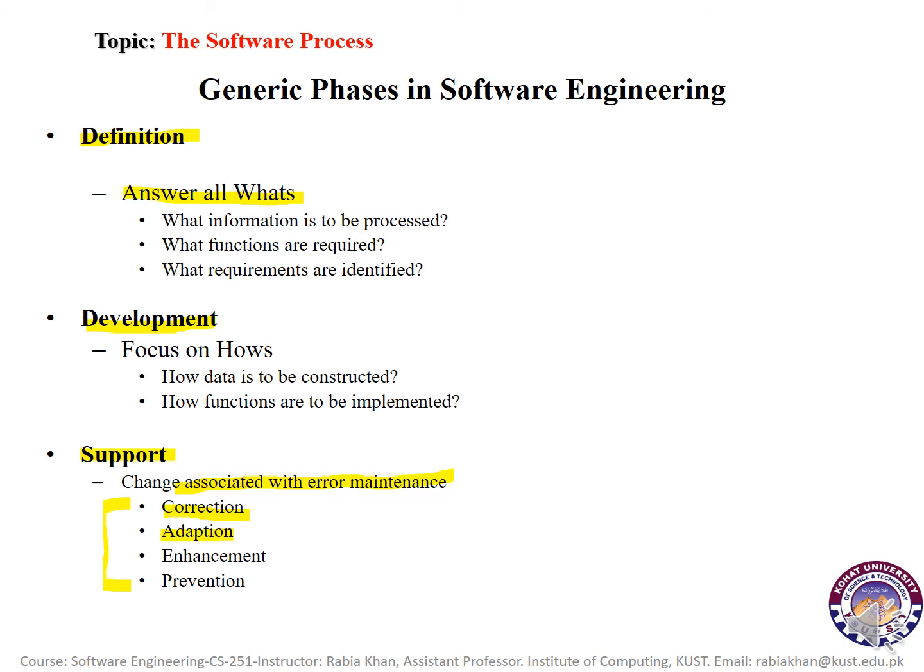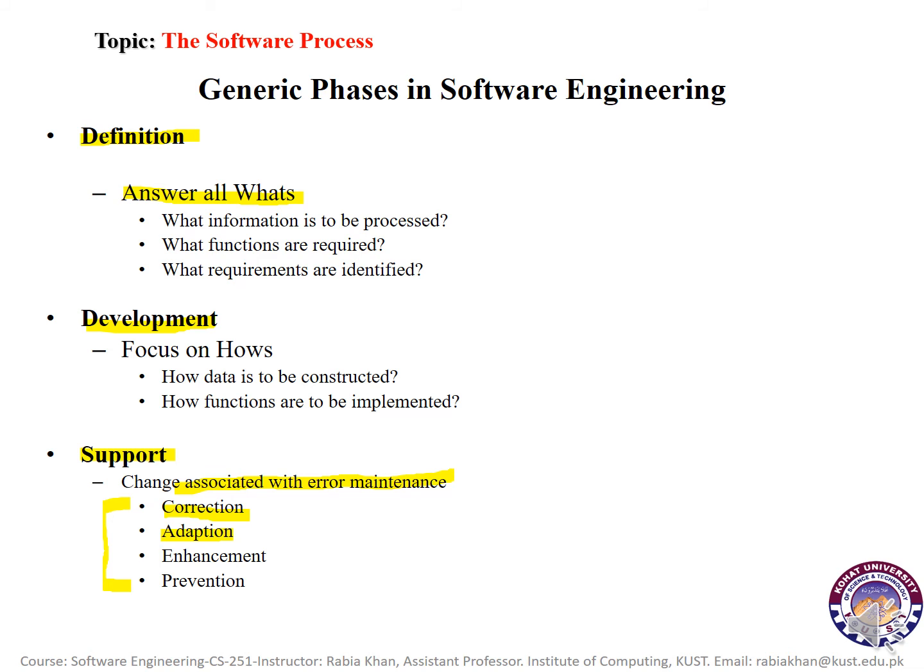So for that we need adaptation. Adaptive maintenance results in modification to software in order to accommodate the changing external environment. So if you bring adaptation to your software in order to make it work on some other operating system or processor, that sort of support will be provided under adaptation.